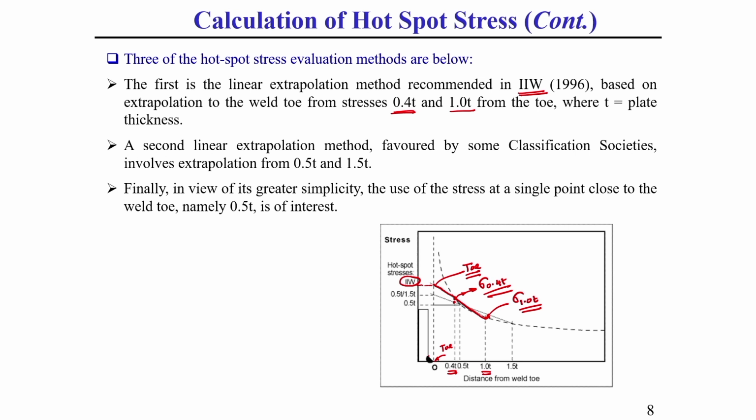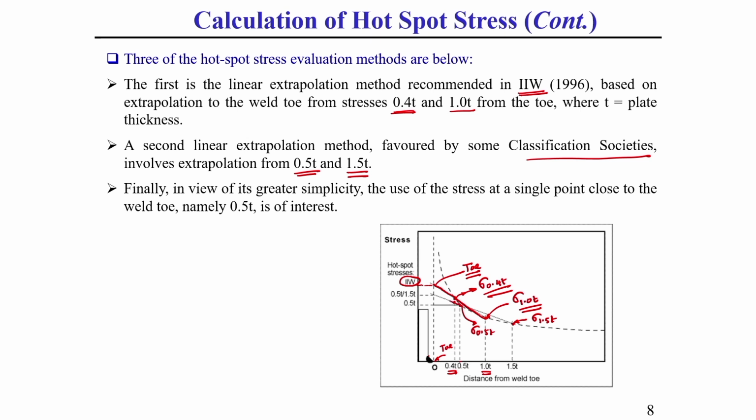Some other standards are also favored by some classification societies. Okay. This approach is generally based on another 2 point stress value, one is 0.5 T, another is 1.5 T. So, let us consider sigma 1.5 T, and another is 0.5 T, this point is sigma 0.5 T. By this you need to draw a line.